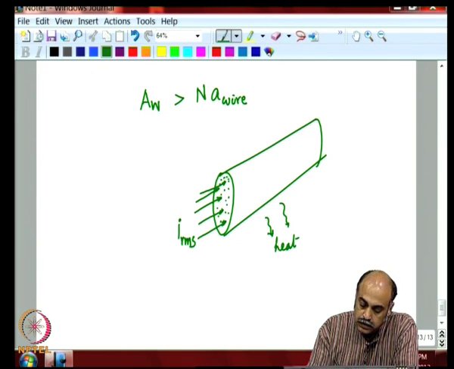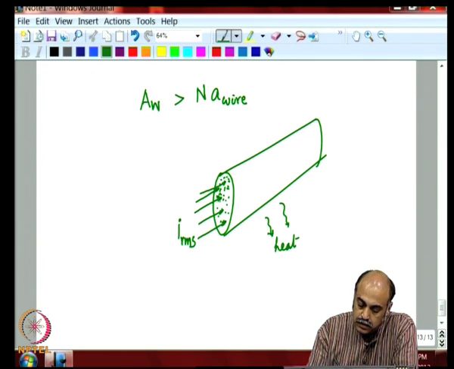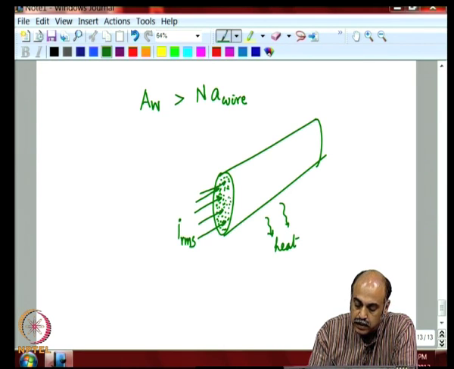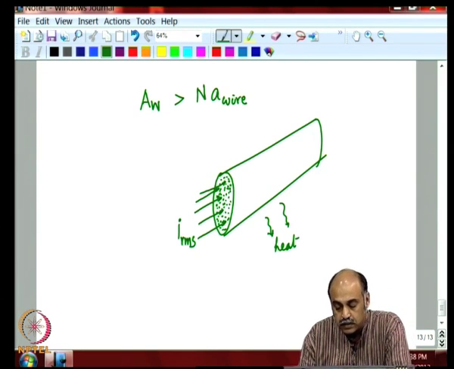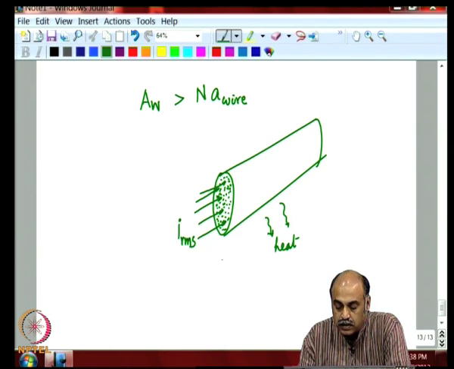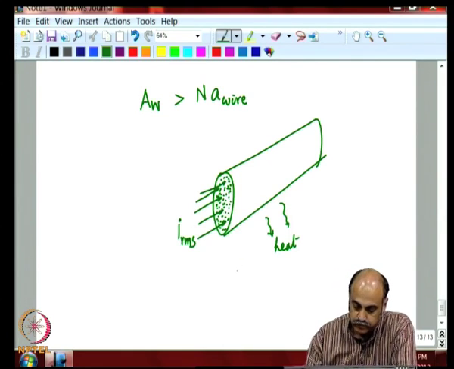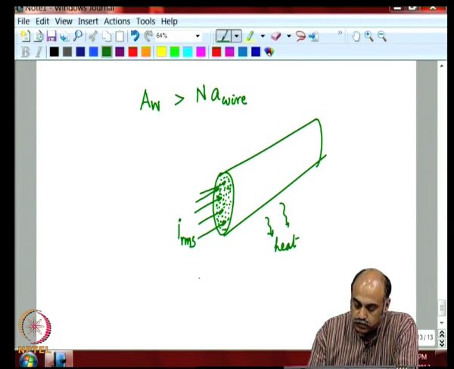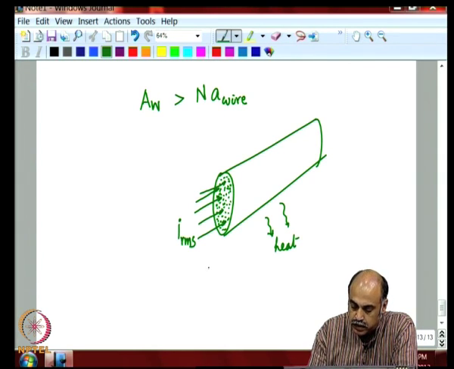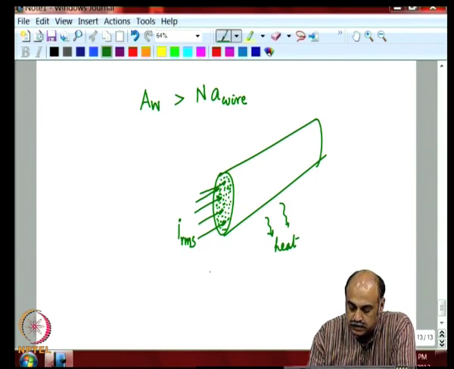If the current is very dense, meaning for a given cross section area the RMS current is very high, then the conductor can become very hot and lead to a lot of I square R losses. Therefore, there is an appropriate amount of current density that has to be allowed.